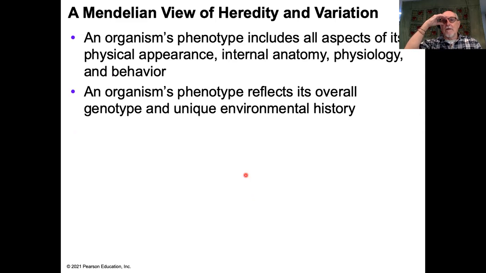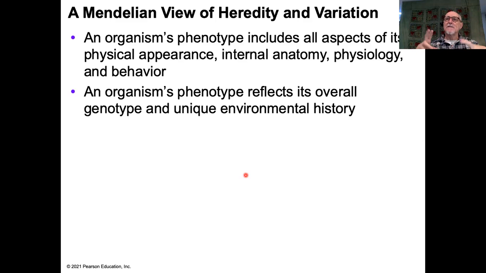So one of the things that we do need to bear in mind very strongly, especially when we're talking about human genetics, and we're talking about multifactorial inheritance, which applies to many, many, many of the human conditions. We need to remember that the phenotype is not just one character, right?